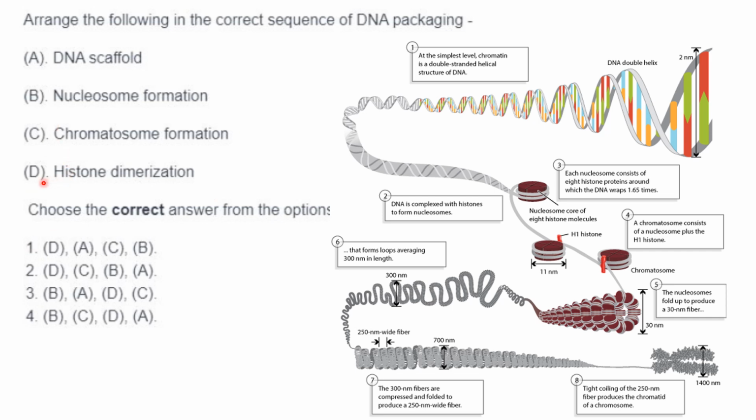So after D, it has to be nucleosome formation B, but they have given C here and then B. As per this diagram also, it is first nucleosome, then chromatosome. But here they have given DCBA. It might be a printing mistake. Actually, it has to be DBC and then the DNA scaffold. Since they have given this and it doesn't have DBCA as an option, I am going with option 2, DCBA.